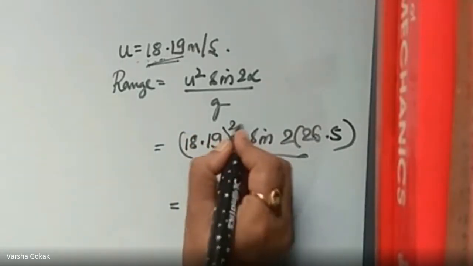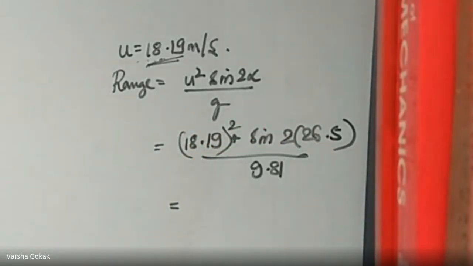Second step. Yes, correct. Thank you. U square sine 2 alpha.